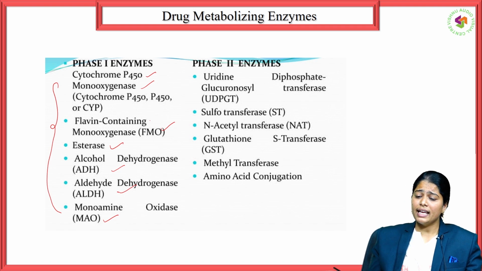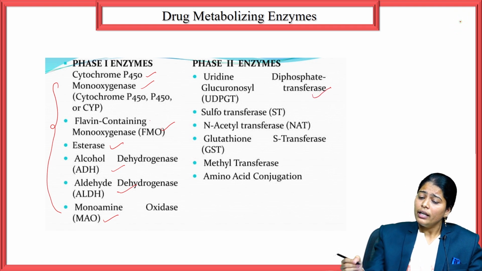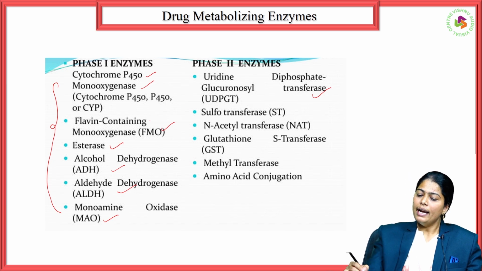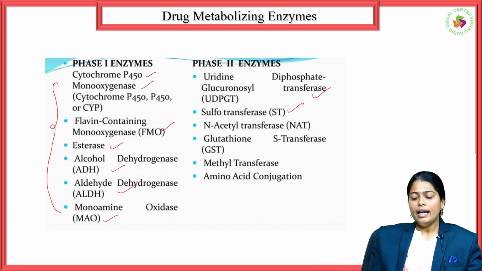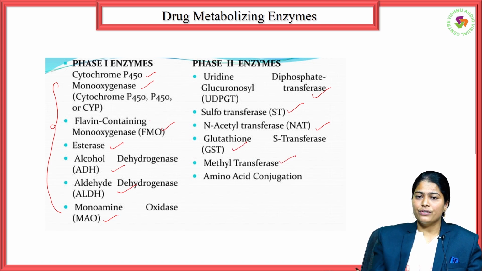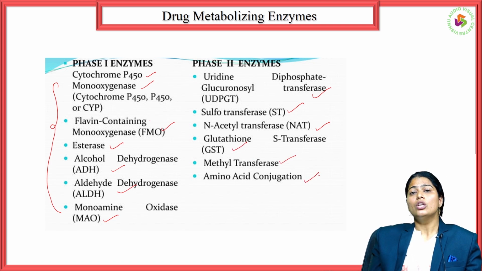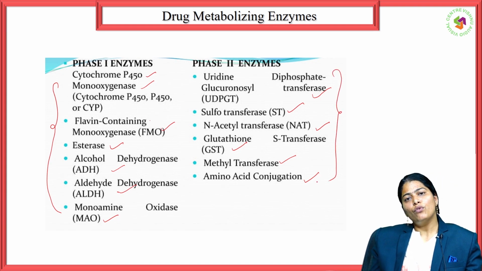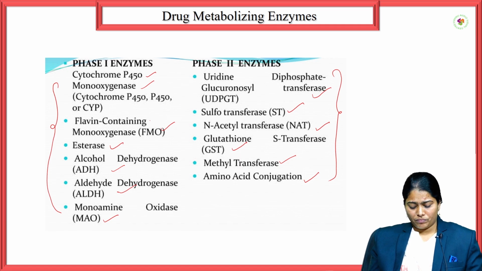The phase 2 enzymes are uridine diphosphate glucuronosyl transferase (UDPGT), sulfotransferase, N-acetyl transferase, glutathione S-transferase, methyl transferase and amino acid conjugation. All these phase 2 enzymes are involved in phase 2 metabolism.